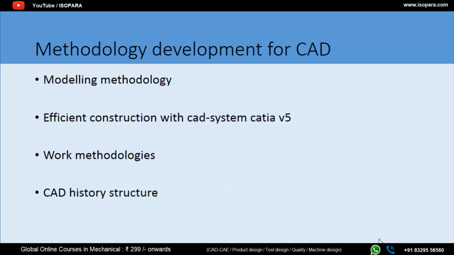But if it is not updating and creating lots of issues, and it takes around 1 or 2 weeks to resolve those issues, then your CAD methodology, or working style, is not a good one. You have to change that.